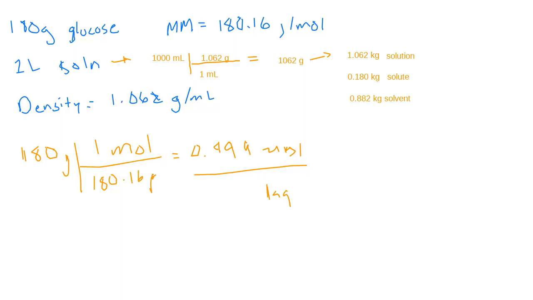So let's go ahead and write it out over here: 0.882 kilograms of our solvent. And then when you divide it, he got 1.13 molality.